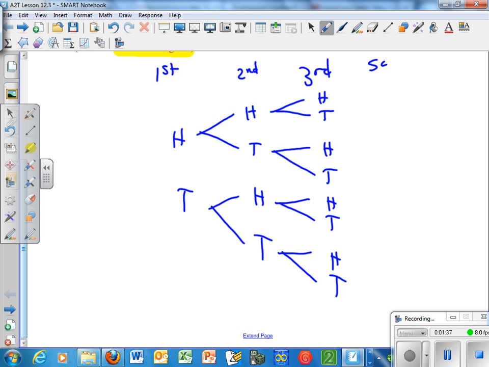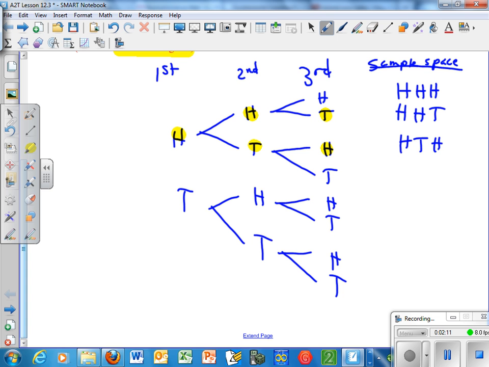So if I said list the sample space, then we're going to try and figure out the probability here. This is sample space, and you need to know what sample space is. It's listing all the possible outcomes. So if I follow the top of that tree diagram, it would be head, head, head. And then head, head, tail. And then head, tail, head.